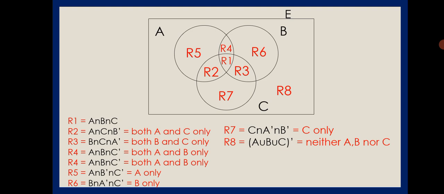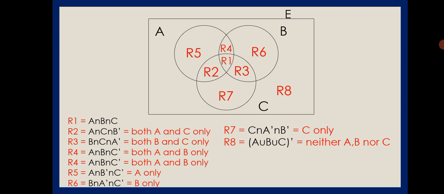We have A intersection B complement intersection C complement is equal to A only, meaning members or elements that belong to A only. Region 6, that's R6: B intersection A complement intersection C complement is equal to B only.